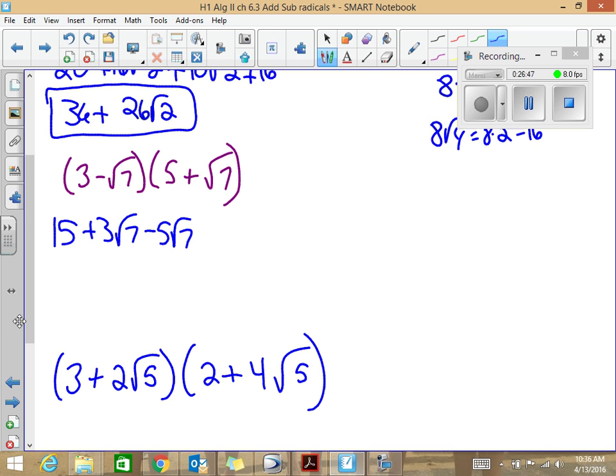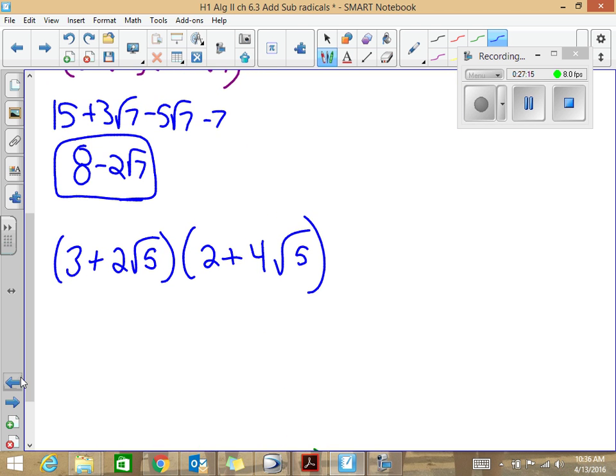And then negative radical 7 times positive radical 7 is just, Kayla, what do you get? Negative 7. Correct. That make sense? So now 15 minus 7 is 8. 3 radical 7 minus 5 radical 7 gives you negative 2 radical 7.